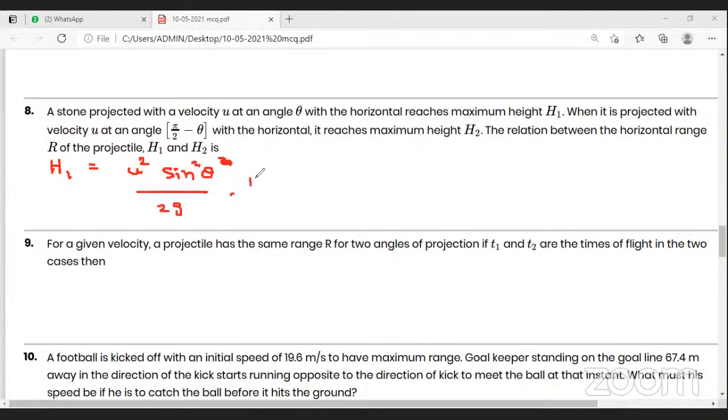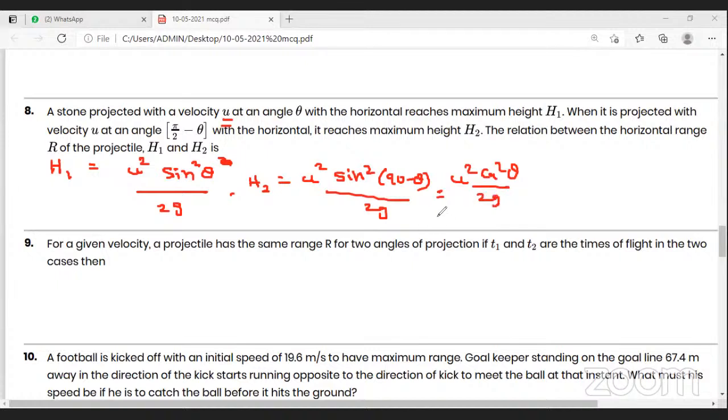And what about h2? In both the cases u is the same only, no? Then what about theta here? 90 minus theta, by 2g. What is sine of 90 minus theta? Cos theta. So we can write it as u square cos square theta by 2g.